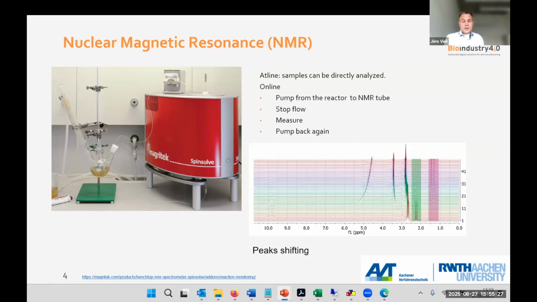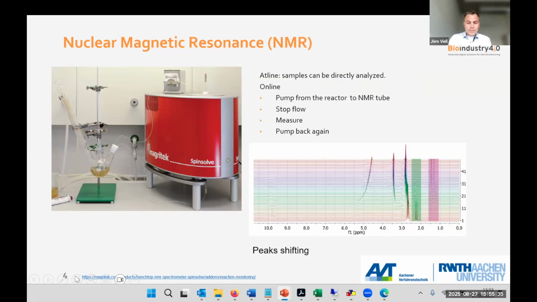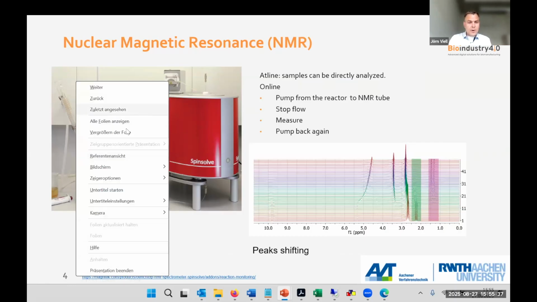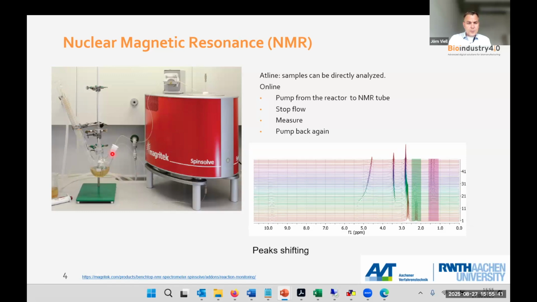But it can also be applied online. And here you see a setup that is connected to a chemical reaction. So we have a tube here that allows pumping of liquid from a reactor or from a fermenter into the NMR measurement volume.